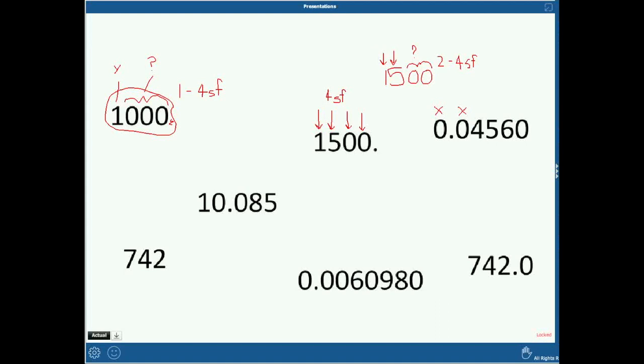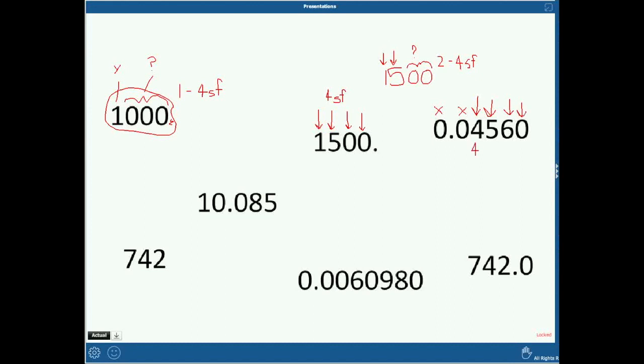So these front two are considered not significant because they're just in the front and they're a means to get to the good part of the number. They're a means to an end. This one is significant, this one is significant, and this one is significant because it's a regular number. It's not a zero. And because someone took the effort to put this zero at the end, this zero is also significant.